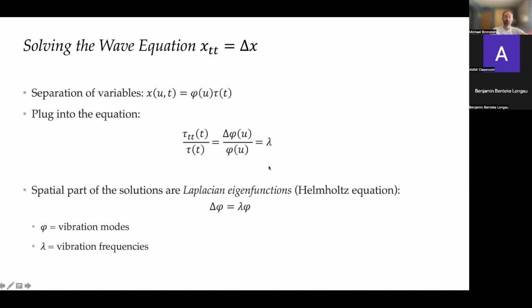And you see that the spatial parts of the solution are Laplacian eigenfunctions. So I get the Laplacian of phi equals lambda phi. This is what is called in physics the Helmholtz equation. And we can interpret the phi's as vibration modes and the lambdas as the vibration frequencies. So these were exactly the patterns that you observed in Chladni's experiment.